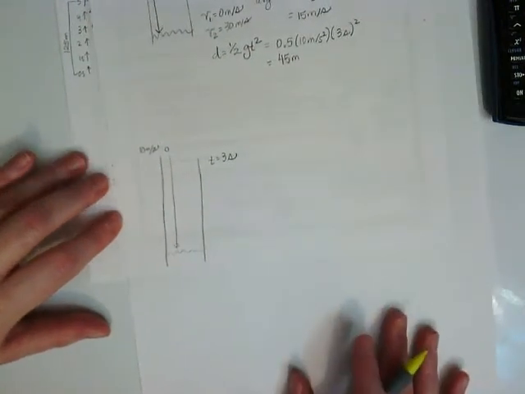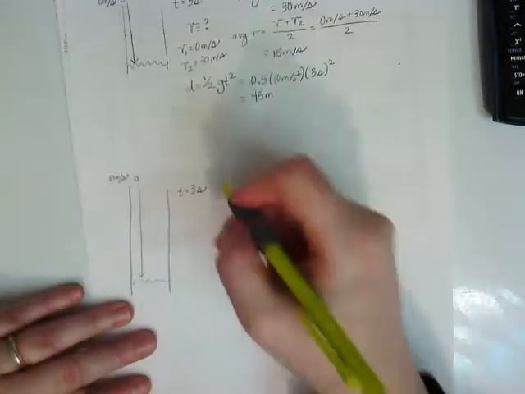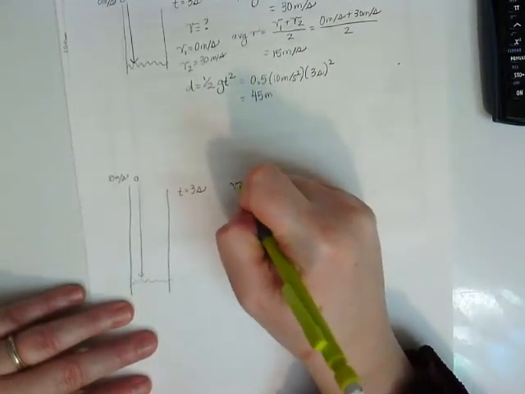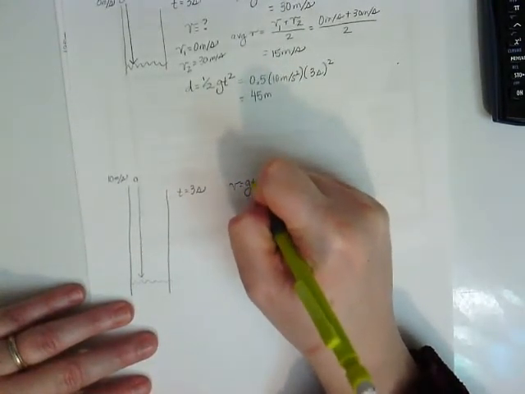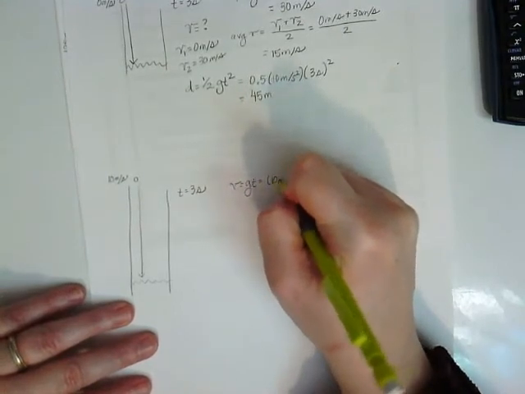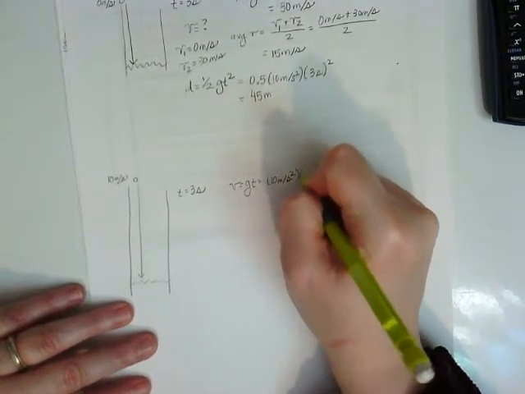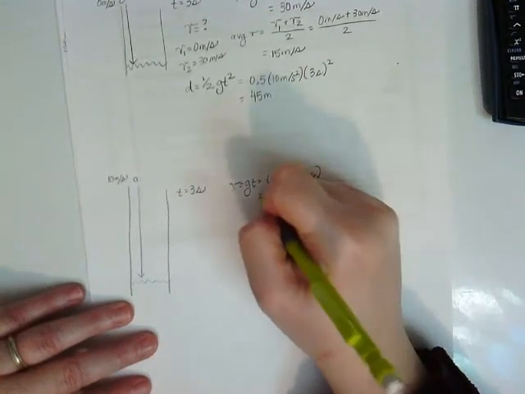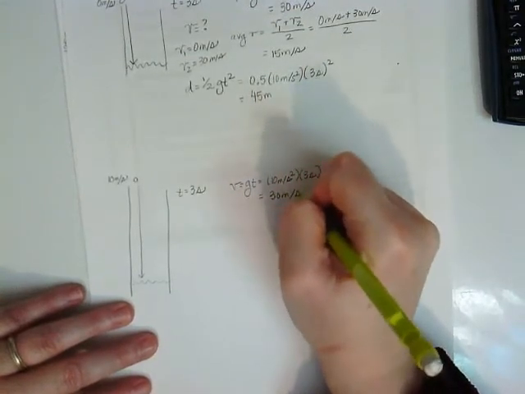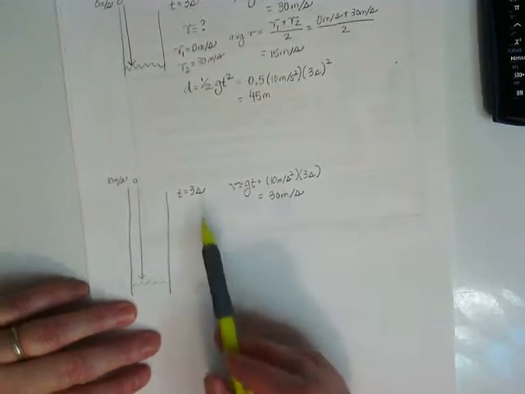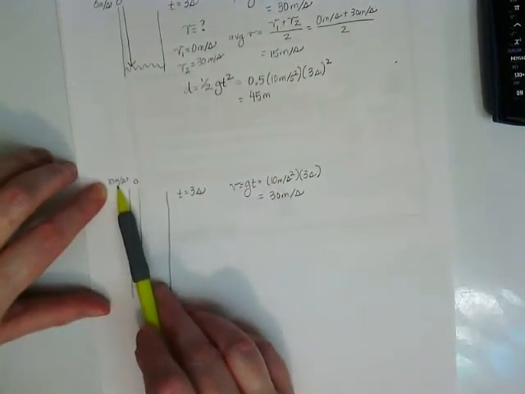So we can use some of the same math that we already did, right? The velocity that it's going to pick up is still gt, which is still 10 meters per second squared times 3 seconds, which is 30 meters per second. The difference is, this time, it didn't start at rest.